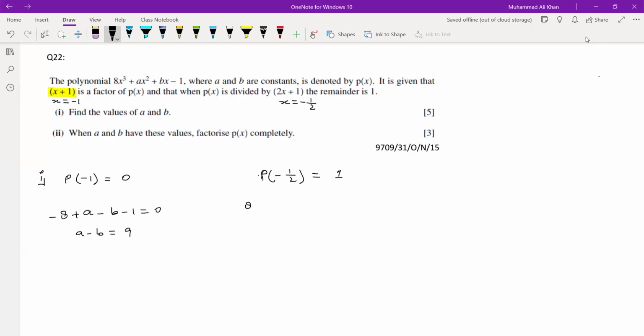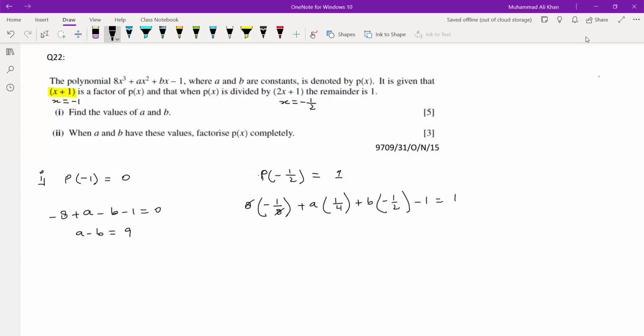तो बच्चों 8 के साथ -1/8, प्लस a के साथ 1/4, प्लस b के साथ -1/2, -1 equals to 1. Cancellation.